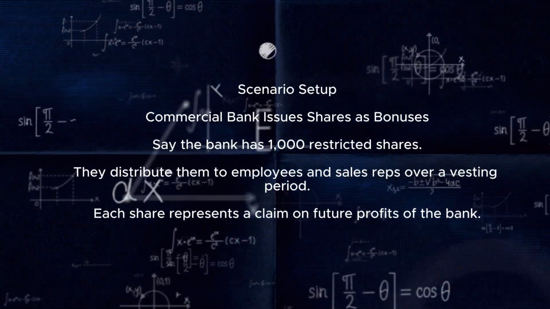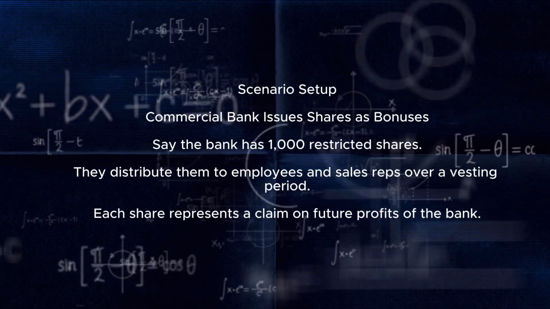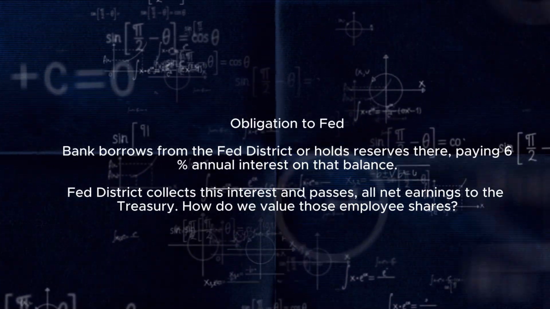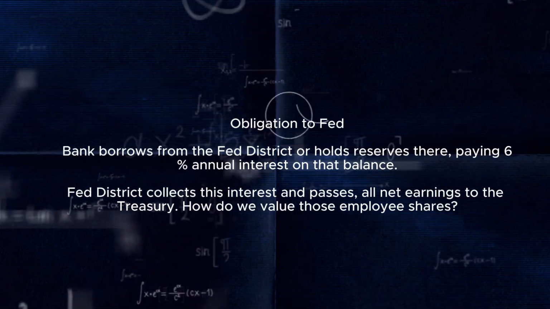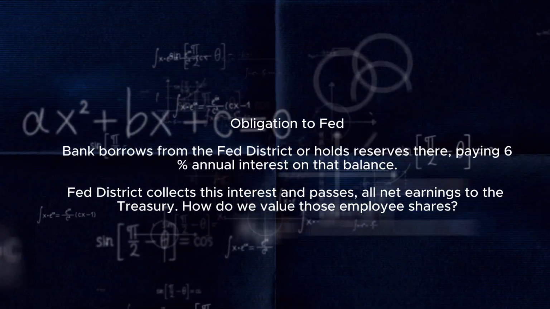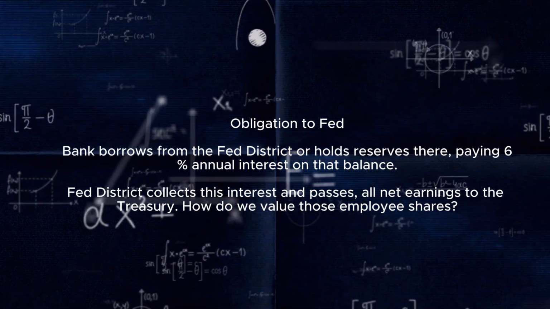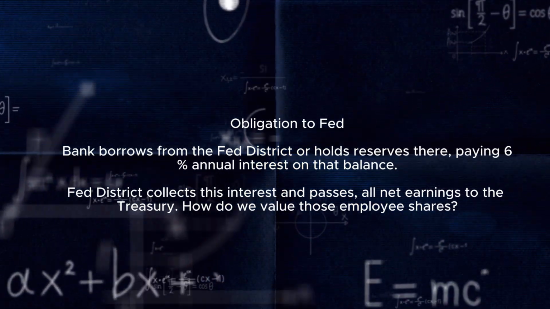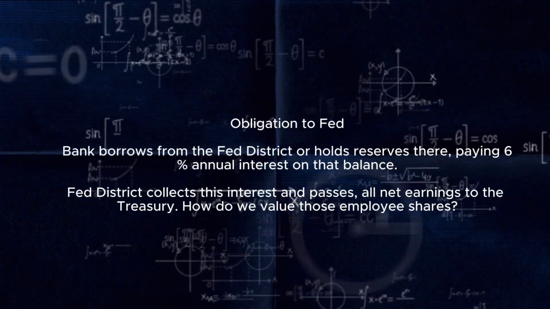Each share represents a claim on future profits of the bank. Obligation to the Fed: the bank borrows from the Fed district or holds reserves there, paying 6% annual interest on that balance. The Fed district collects this interest and passes all net earnings to the Treasury.